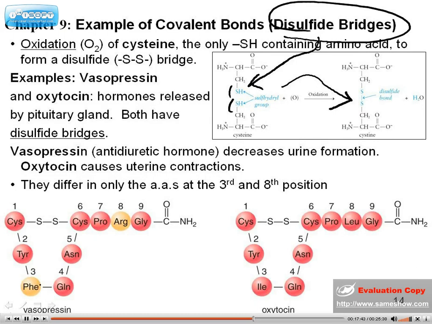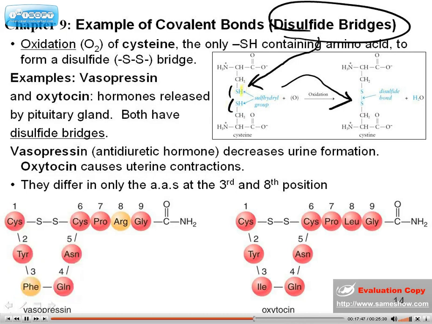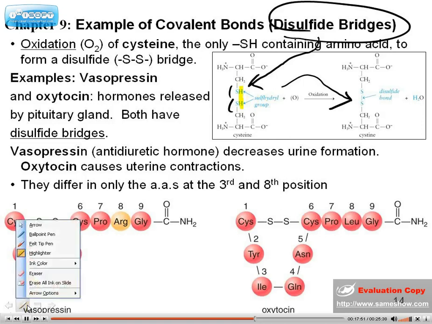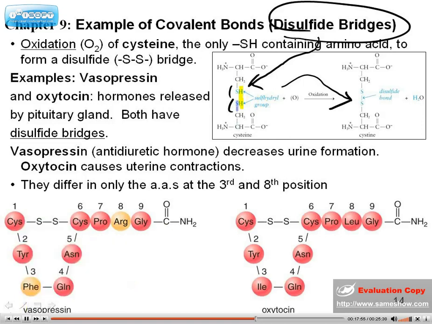What happens is the hydrogens come off, and then the remaining electrons that were connected to those hydrogens, they form a brand new covalent bond, aka disulfide bond or cysteine bridge.